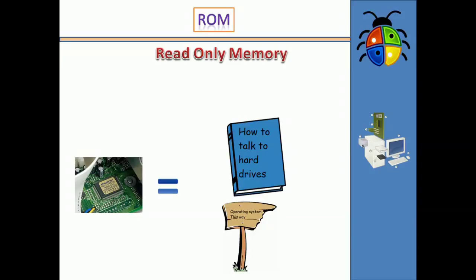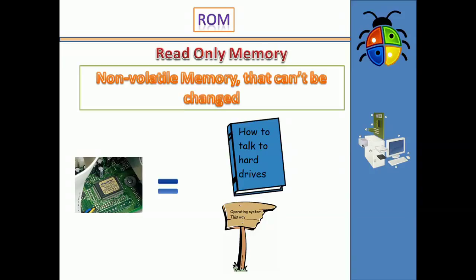Read-only memory is different from RAM in that it is non-volatile. This means that it cannot be changed. It means it's hard-coded onto the chip. Now, to make things very confusing, if you start looking at modern-day ROM, you'll see that it can be changed. However, for IGCSE, let's just keep it simple.